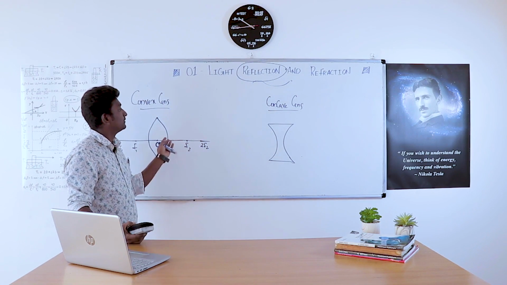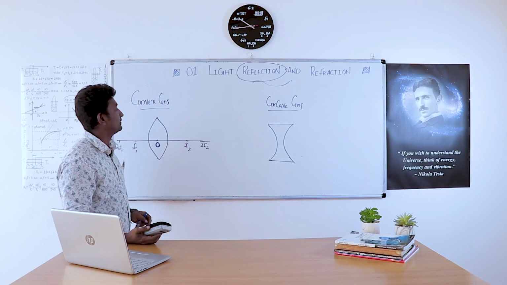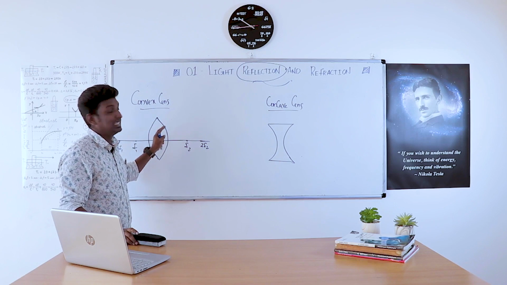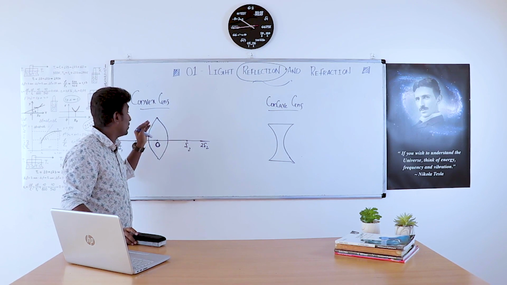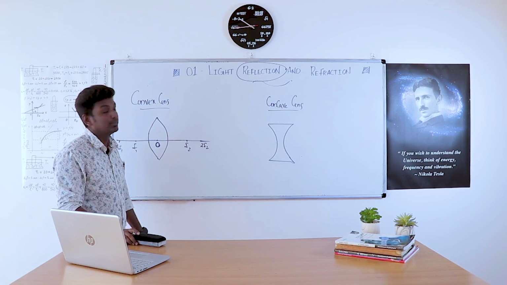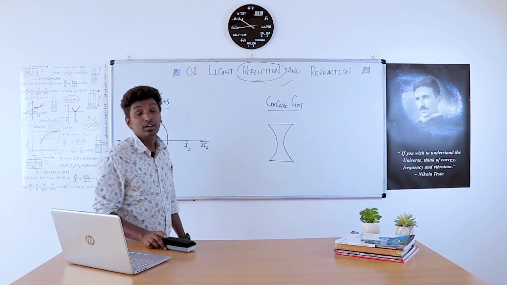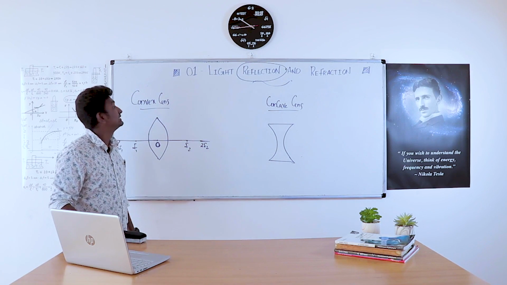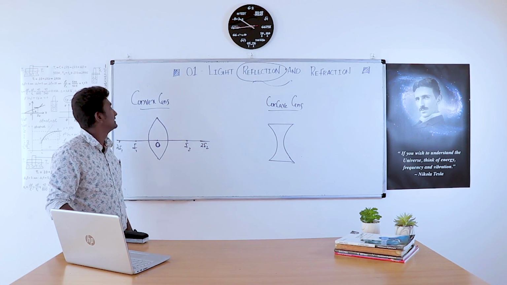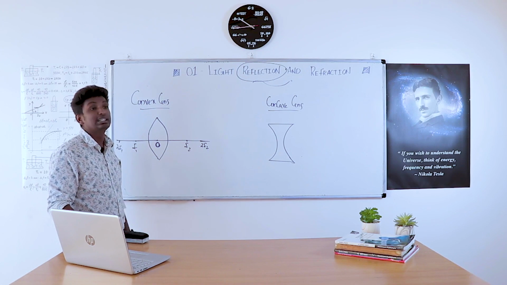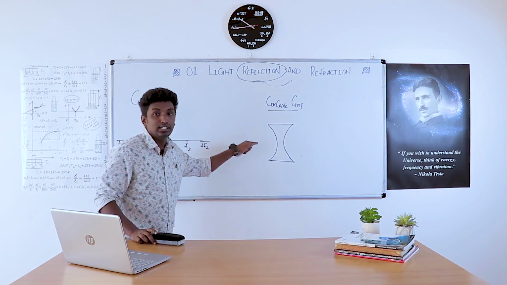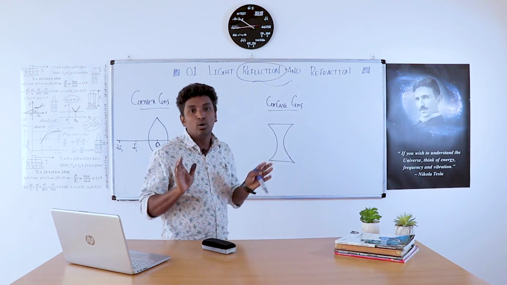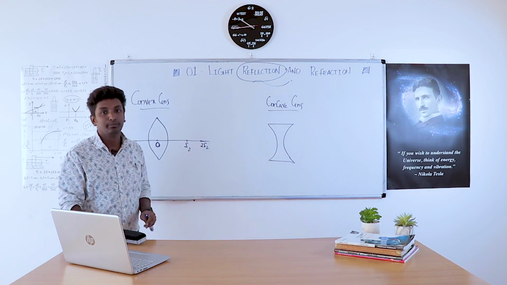For these two lenses, one more thing to remember is that convex lens converges all the light rays passing through it. So convex lens is simply known as converging lens. On the other hand, concave lens diverges all the rays passing through it.